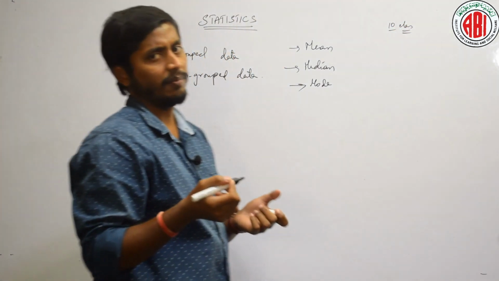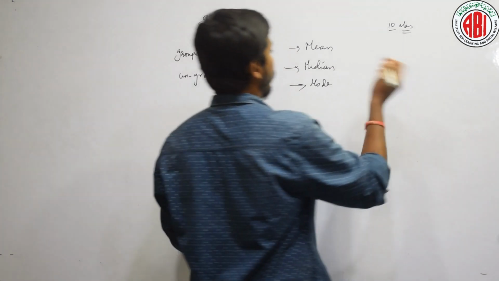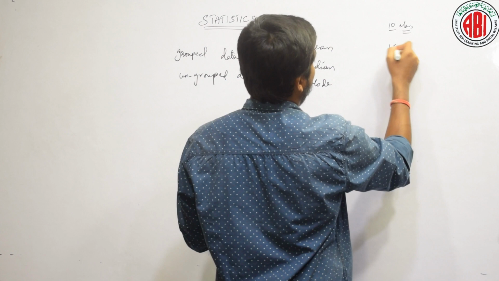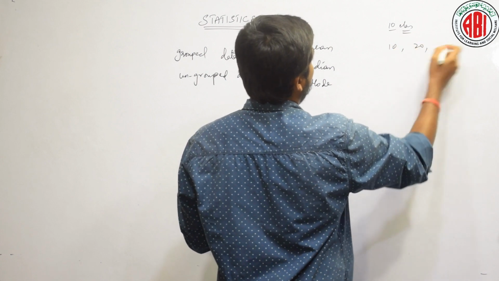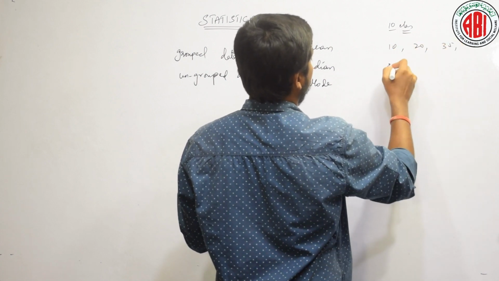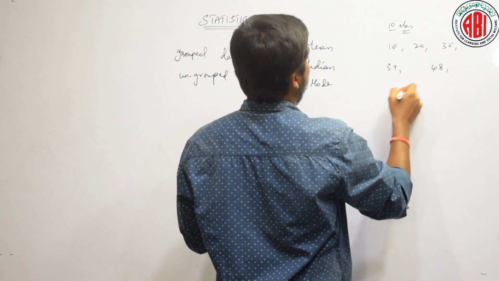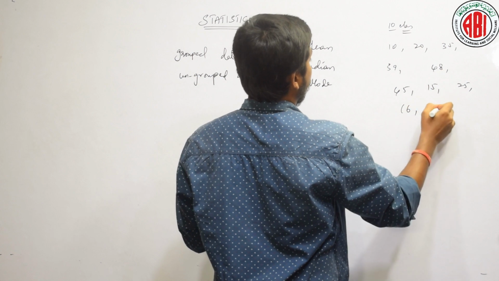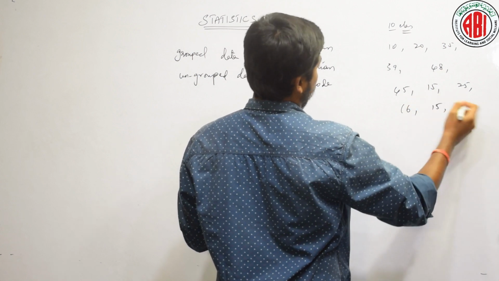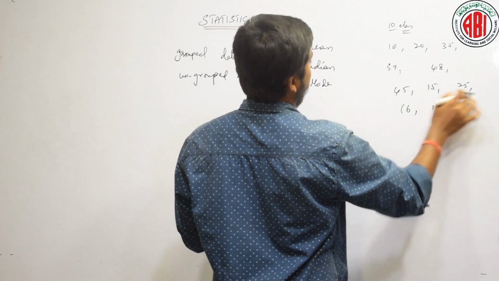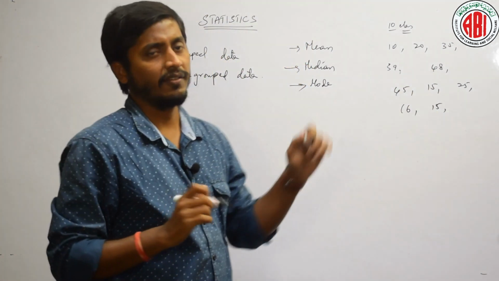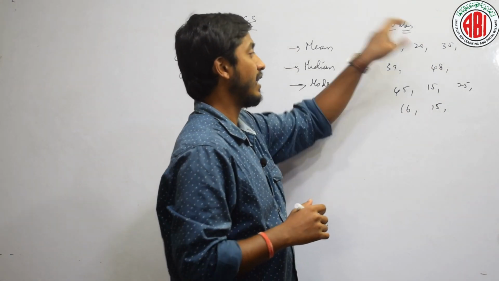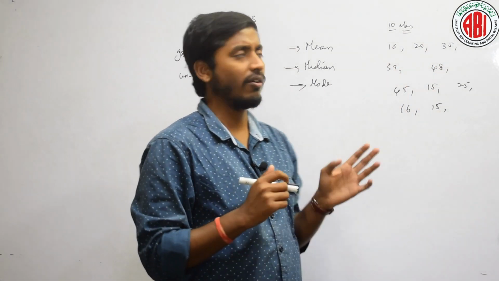Out of 10 people, let us write their marks out of 50: 10, 20, 35, 39, 48, 45, 15, 25, 16, 15, that is 1, 2, 3, 4, 5, 6, 7, 8, 9, 10. These are the different marks of different people, right. What is the least mark? 10. What is the highest mark? 48. Now I have to segregate all those points.